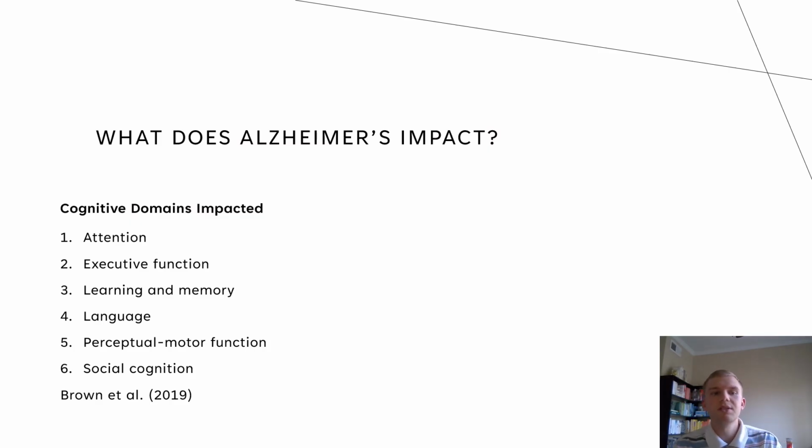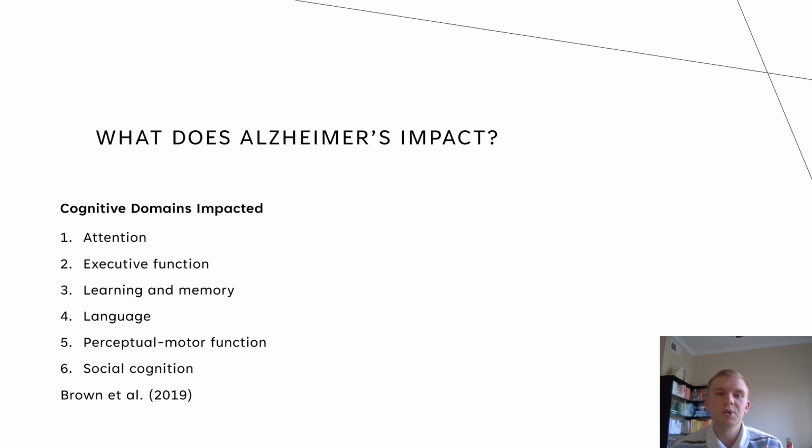So now we can look into the actual impact that Alzheimer's disease has. There are 6 cognitive domains, which are essentially 6 functions of the brain that Alzheimer's impacts. The first one is attention.